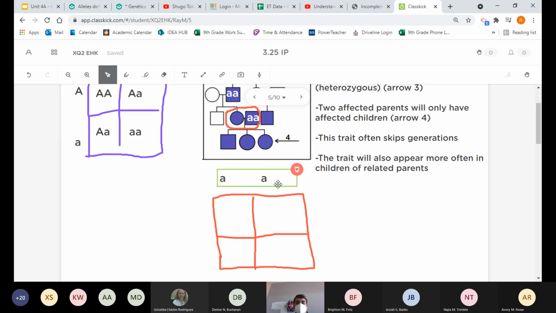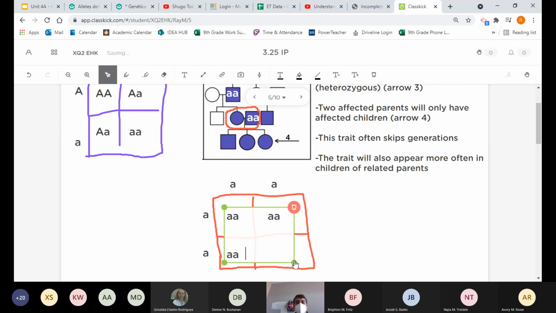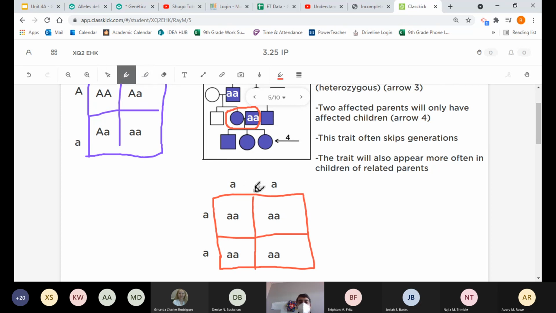Little a, there's dad, and of course here's mom, same thing. So if they are both homozygous recessive, that means they're only going to have kids with the same genotype, and that's it. So you have 100% of the offspring are going to be affected, which is what you notice, right? All 3 of those kids are going to be homozygous recessive. That's exactly what you see.